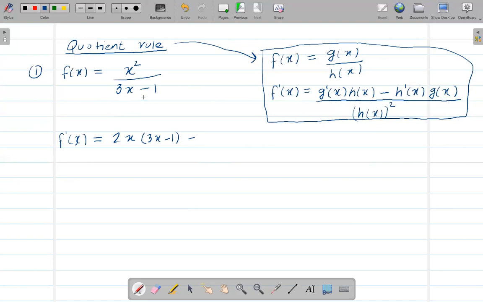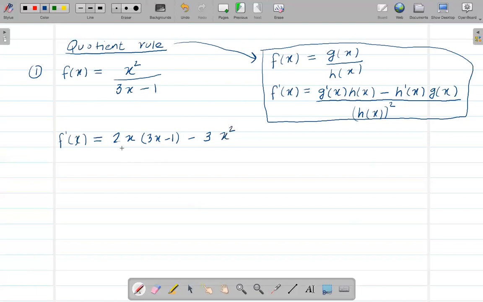The derivative of 3x is just 3, and the derivative of negative 1 is 0. So we just get 3 from the denominator, times the numerator. The numerator will stay the same.